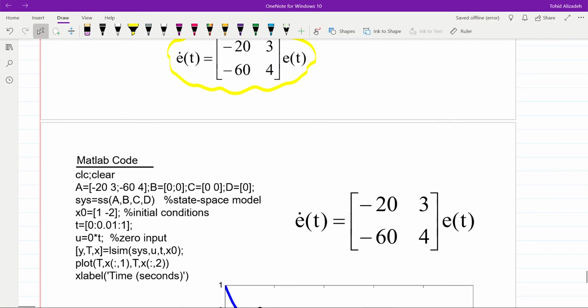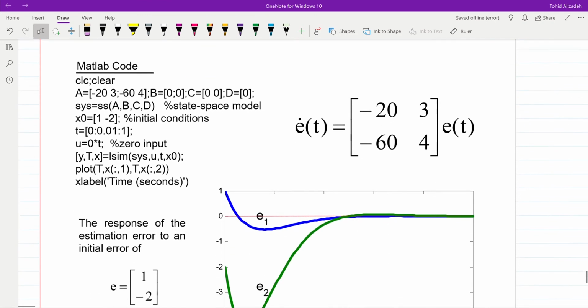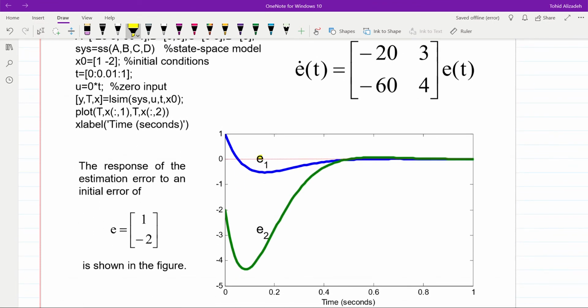We have two of them, E1 and E2, over time, and you can see them already drawn here. They start from some initial value, but after, let's say, half a second, both of them have become 0.